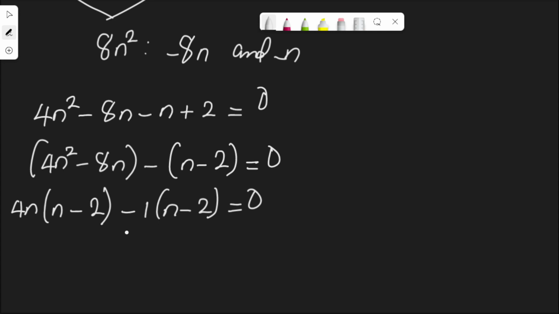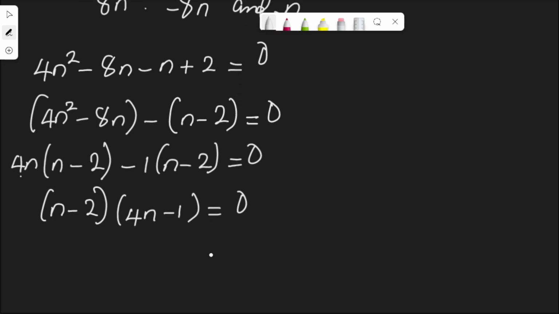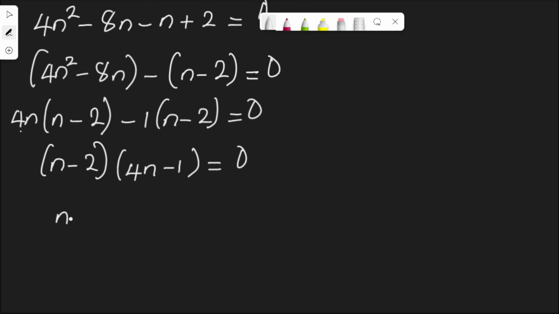Since we have a common factor n minus 2, pick one of it, then group this and this together: 4n minus 1 equal to 0. It's either n minus 2 is equal to 0 or 4n minus 1 is equal to 0.